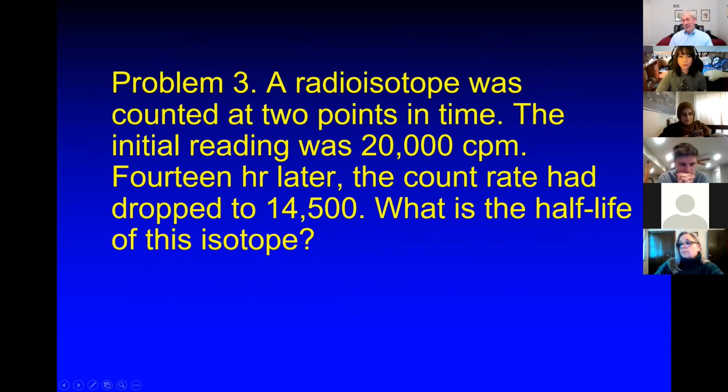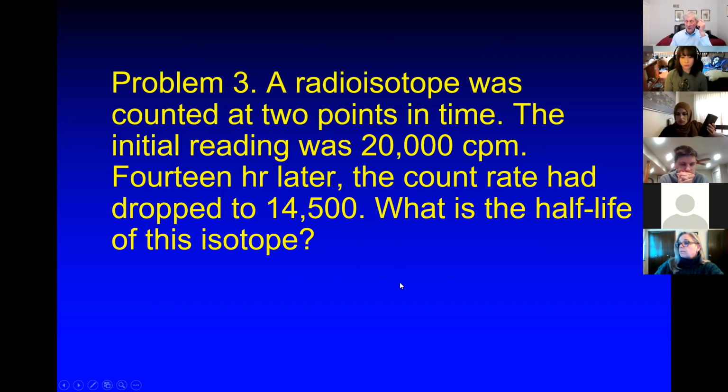Now, let's take a look. Let's guesstimate the answer to this problem. You can't work it in final form without a calculator, but let's take a guess. We have a reading that was 20,000 counts per minute. 14 hours later, it's dropped to roughly 15,000 counts per minute. So you would predict that that's a half of a half-life. If it had gone from 20,000 to 10,000, you would have said, okay, the half-life is 14 hours, but it only made it halfway down.